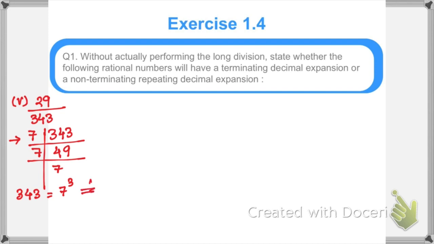So this is again not of the form 2 to the power n 5 to the power m. So since it is not of the form 2 to the power n 5 to the power m, therefore this one is a non-terminating or recurring decimal expansion.